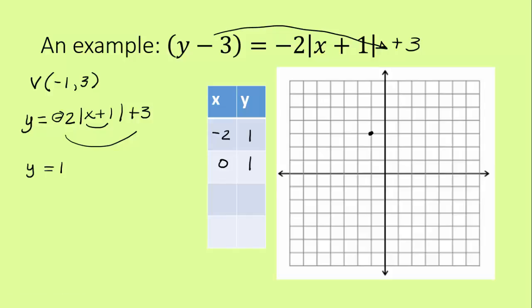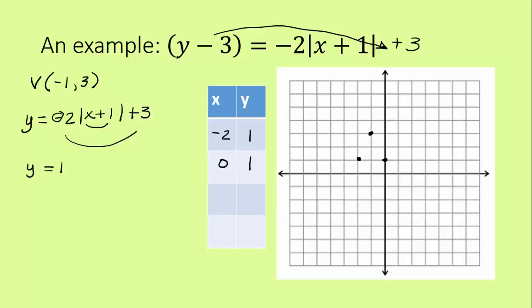Let's see what that looks like. So at -2, I'm up at 1, and at 0, I'm up at 1. Notice that this is a symmetric graph, and so when I picked x values the same distance from the vertex, their y coordinates were the same. That should always happen with absolute value graphs that are oriented up or down, like these.